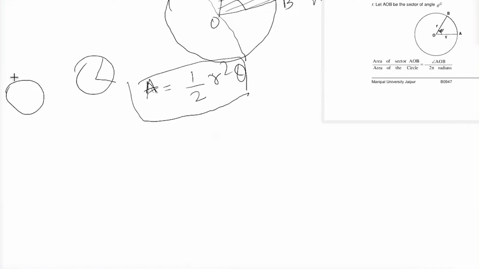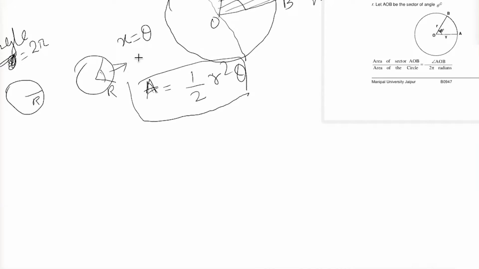This is radius r, and this is also radius r, and this full circle has angle theta equal to 2 pi, and this small one has an angle, let's say theta.